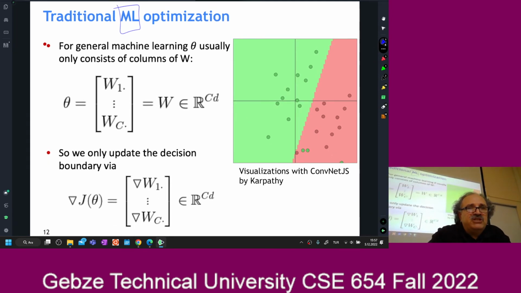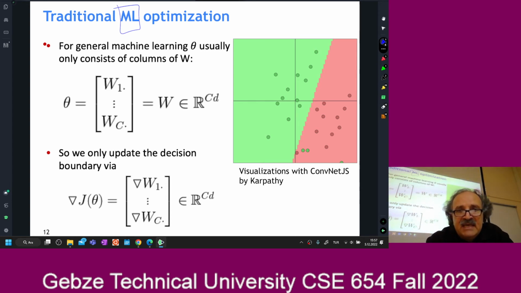For general machine learning, theta usually only consists of columns of W. Each W belongs to a class, and each W contains a certain number of elements.